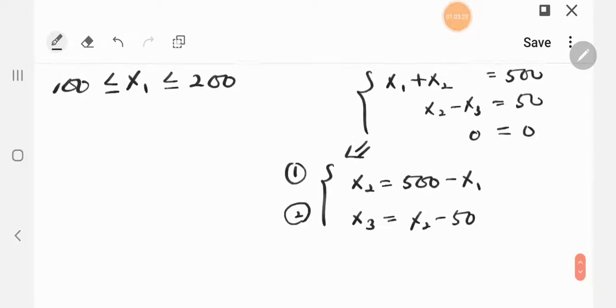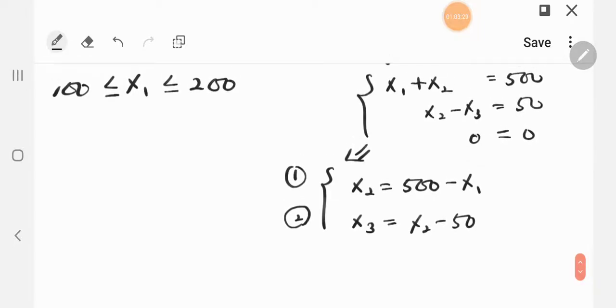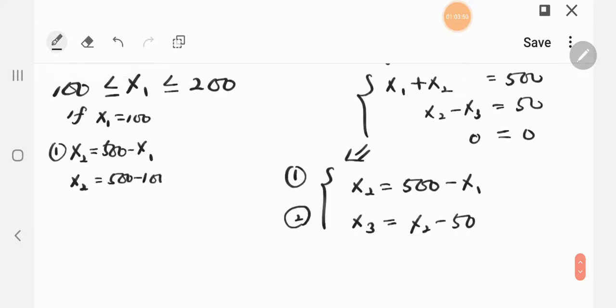The first equation gives us the value of x2. So if x1 is equal to 100, then x2 will be 500 minus 100. So x2 is 400 cars.